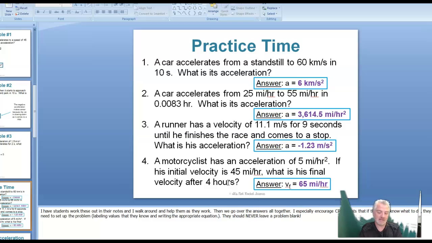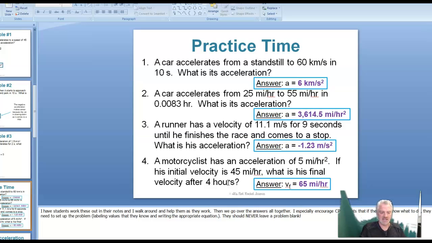Multiply both sides by time, which is the 4 hours. 4 times 5 is 20. So that should look like 20 equals VF minus 45. And then you would add 45 to both sides, and that would give you the answer of 65 miles per hour. Hopefully that made sense.